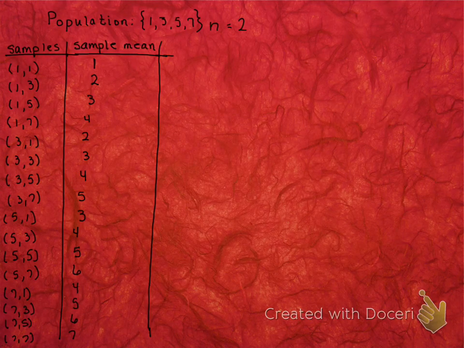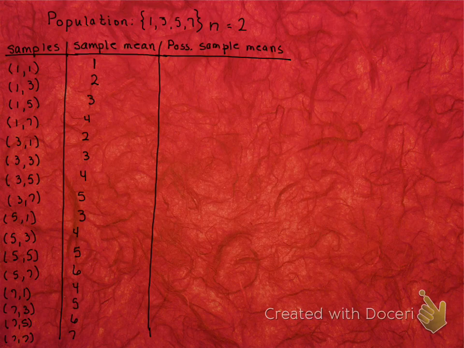Now the next column is going to be the possible, that's what POSS stands for, abbreviated possible sample means. In this column, we're going to take one of each one of those numbers in the sample mean column.